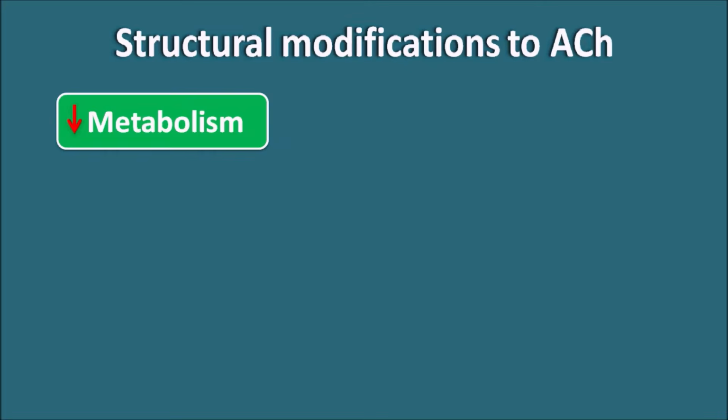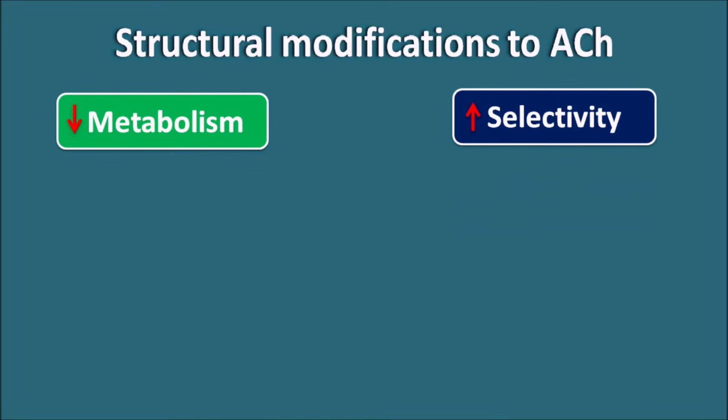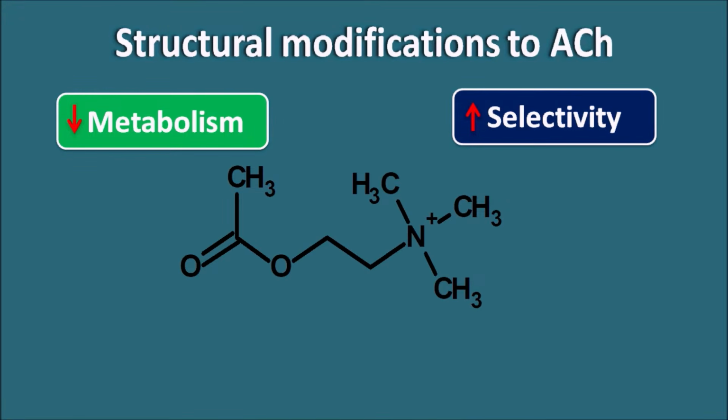So what is the goal of the structural modifications? By structural modifications, we have to decrease the metabolism as well as increase the selectivity of the cholinergic agonists. And particularly, we have seen that selectivity towards the muscarinic receptors is more important therapeutically. So if we see the acetylcholine structure, what are the structural modifications that bring fruitful cholinergic agonists?